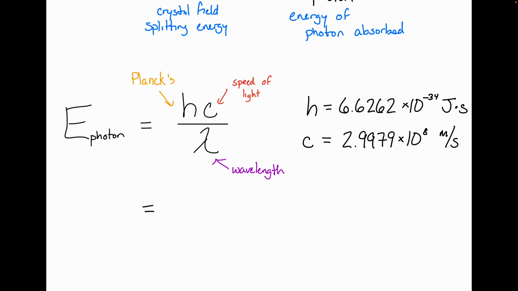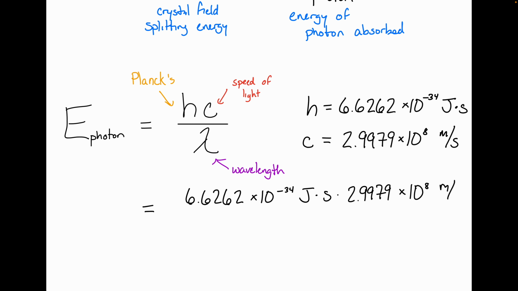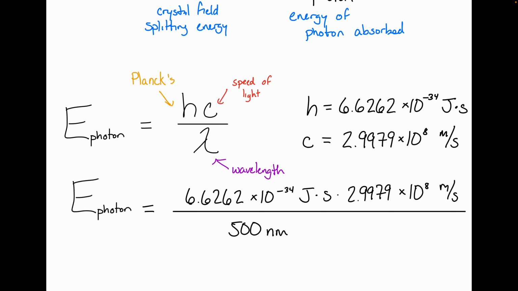So exactly, if we were to calculate this here, plugging in our values, and we plug in our wavelength that we know here, those 500 nanometers, indeed we have ourselves a unit problem. If we're going to be calculating the energy of this photon, what units do we want at the end?